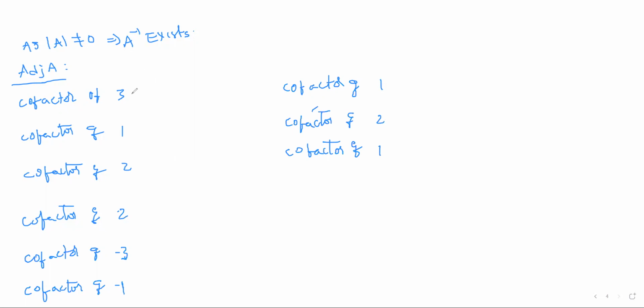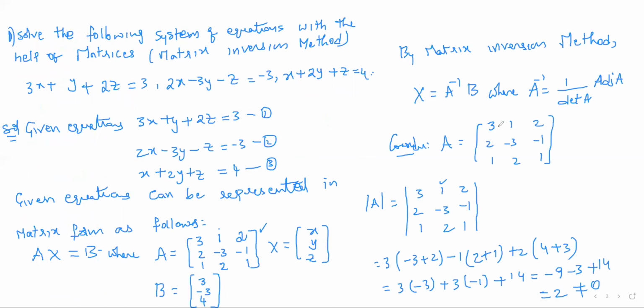So what about the cofactor of minus 3? This is first row first column, first row second column, first row third column, second row first column, second row second column, and second row third column. Again third row first column, third row second column, and third row third column. By deleting the corresponding row and column, we get minus 3 into 1 minus of minus 1 into 2.